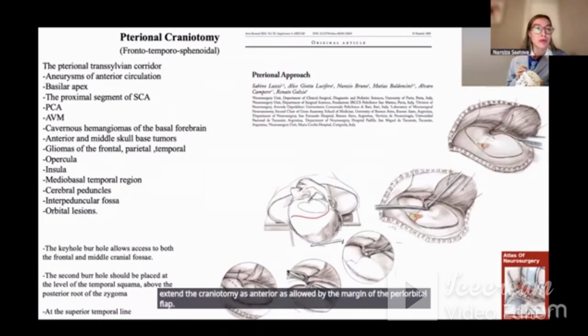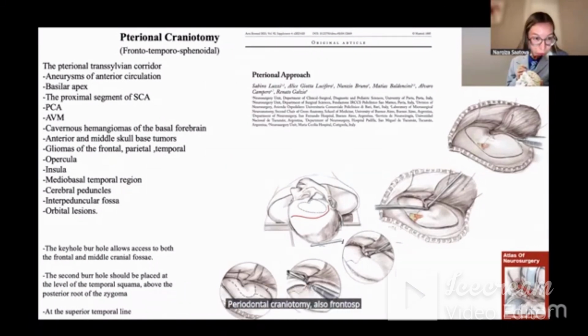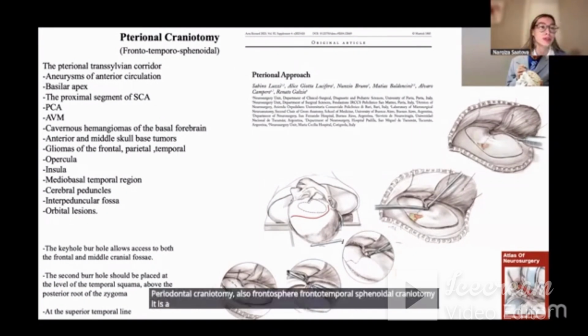Pterional craniotomy, also called frontotemporal sphenoidal craniotomy, is a workhorse craniotomy which gives access to the frontal and medial cranial fossa. The most important thing is that the keyhole borehole allows access to both the anterior and medial cranial fossa.